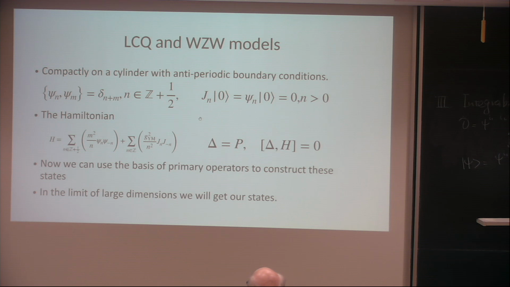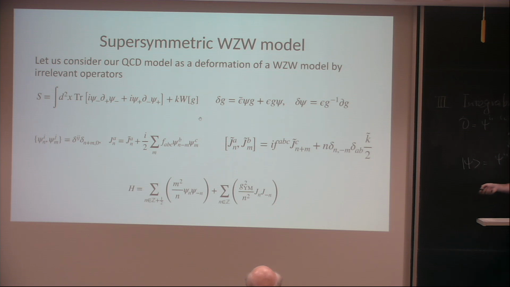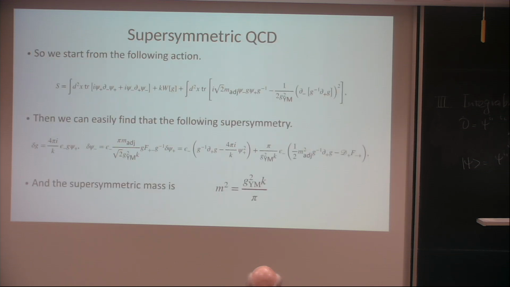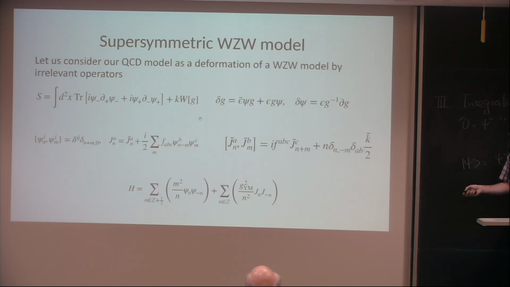So from that, we see that in light cone quantization, we secretly already have the Hilbert space of the Wess-Zumino-Witten model. So it has this supersymmetry. And now let us try to write some perturbation of this model such that it will respect this supersymmetry.